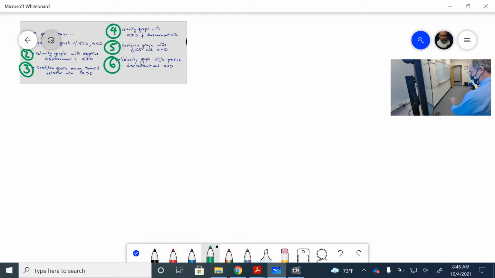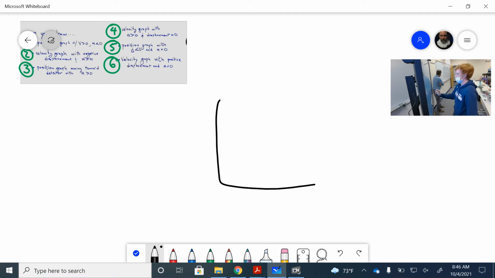Tiernan! What would a velocity? Oh, sorry. Number one, position graph. Position graph with positive velocity and negative acceleration.